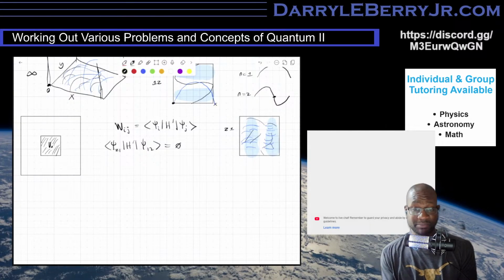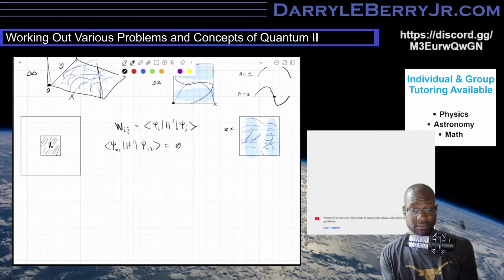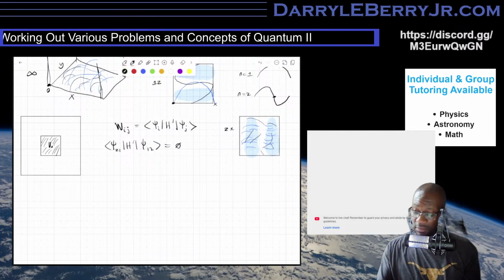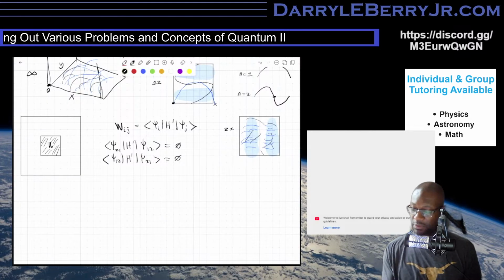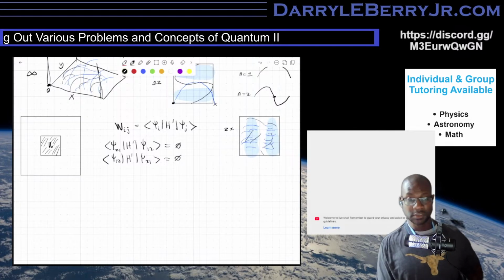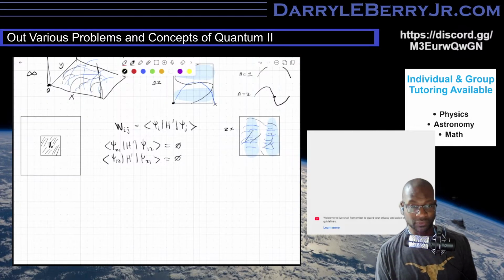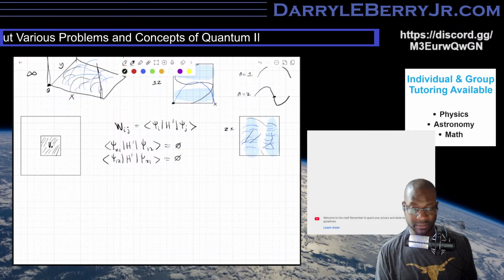The perturbation does not mix the two basis states. So as long as either of these are 0, which is basically the same thing, then we can say it's diagonal. And it happens when there's symmetries.